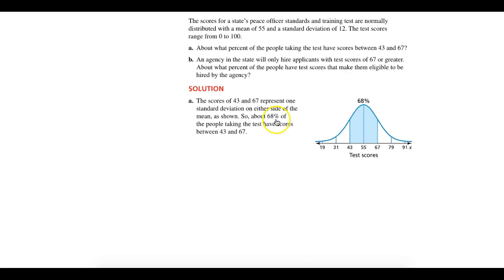So the probability of people having a score between 43 and 67 is just 68% because it's 34 plus 34. That's how easy it is to solve one of those. The key here is setting up your normal distribution.